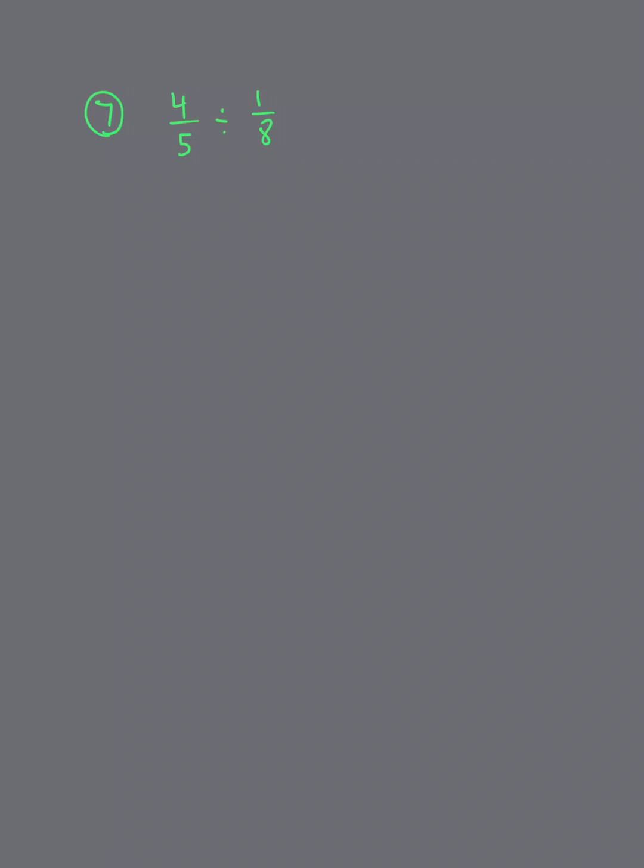The next example is 4/5 divided by 1/8. Now there's a thing in math that we say in order to change division to multiplication, say keep, change, flip to help you remember. So we keep this number the same, 4/5. We're going to change our division to multiplication, and then we're going to flip this. We're going to take the reciprocal of whatever is here.